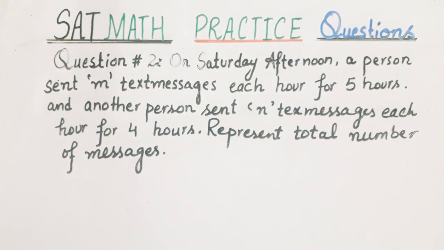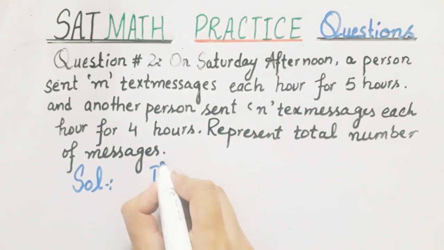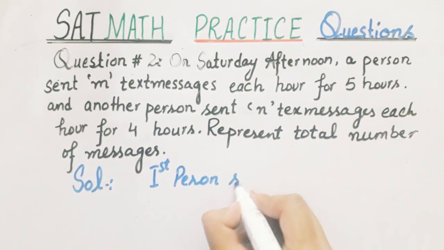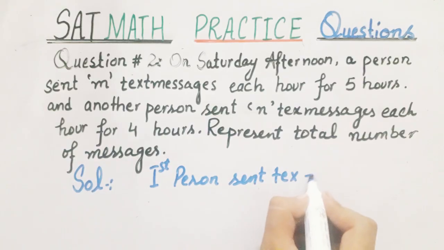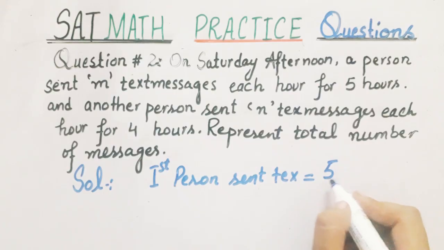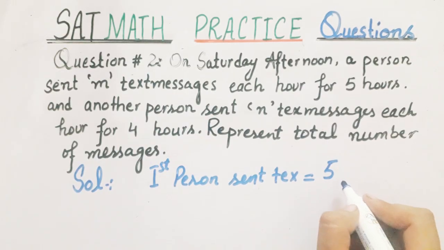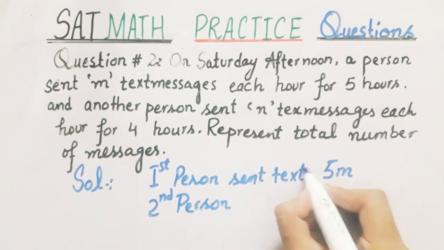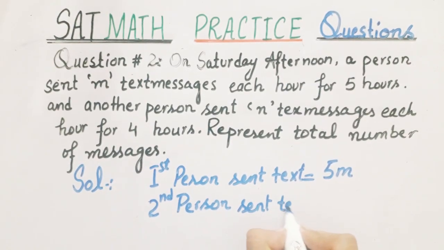So we will solve this question in a very easy and simple way. First of all, we will write the first person sent text, that is equal to 5m, and the second person sent text equals 4n.